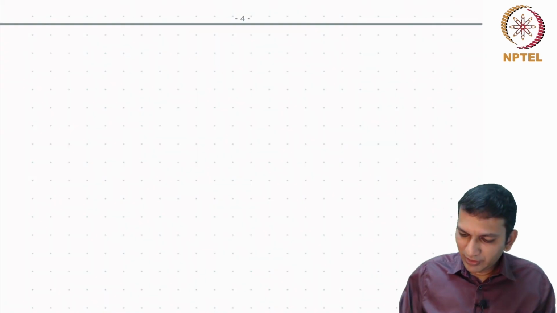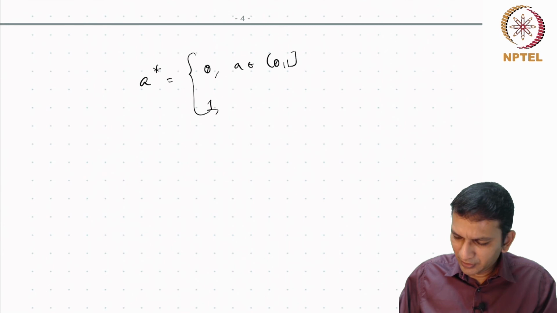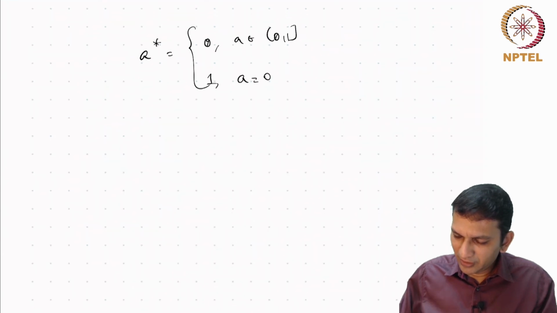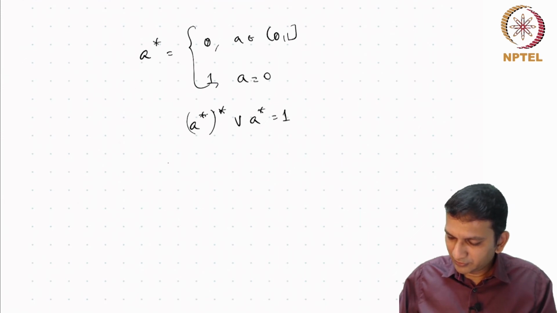Once again, this is not very difficult to see. What we have for any A star is given like this. It is 0 if A belongs to (0, 1], and 1 if A is equal to 0. And what we need to show is only this: A double star join A star is equal to 1. Now, this translates as the max of A double star and A star should be equal to 1.